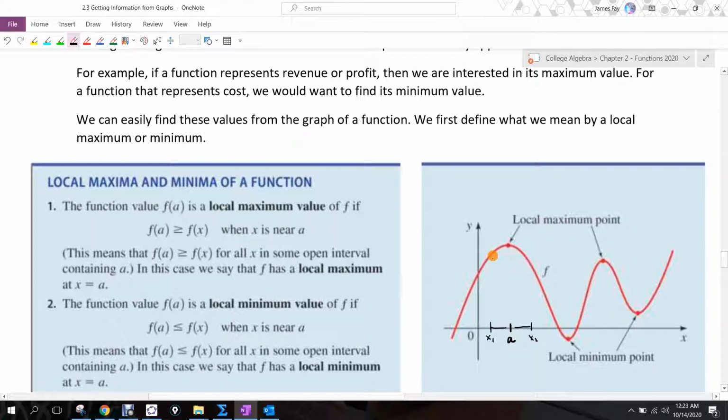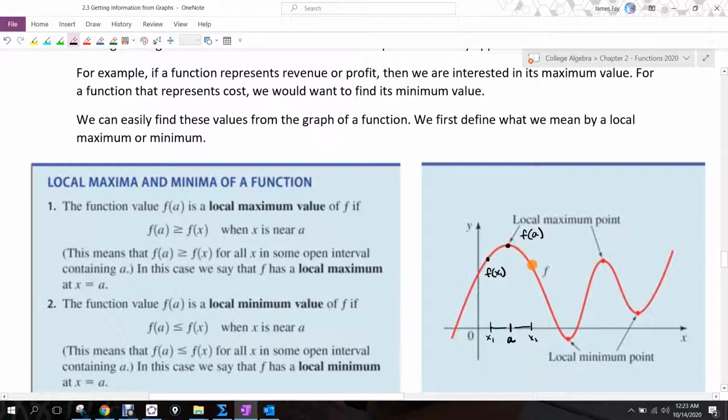But if I look at that point right there, f(a), would you agree that f(a) is greater than or equal to f(x1), because that's an x value that is near or close to the x value of a?